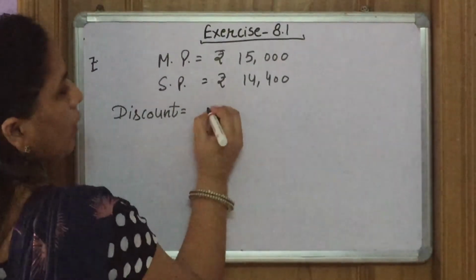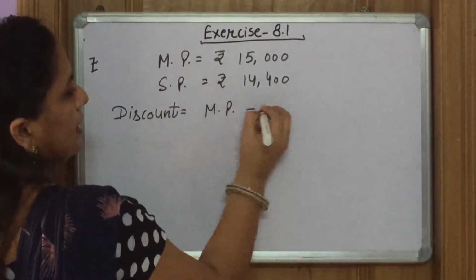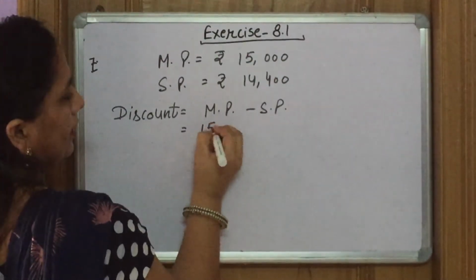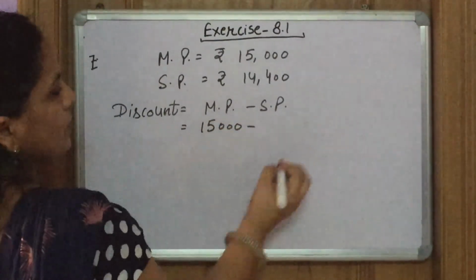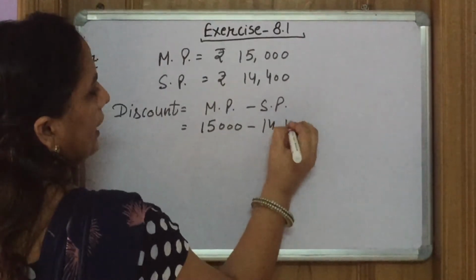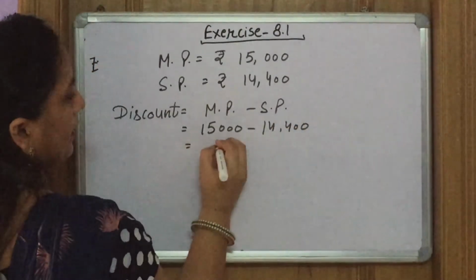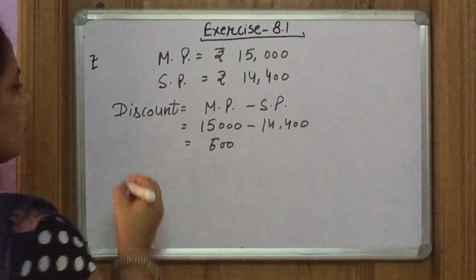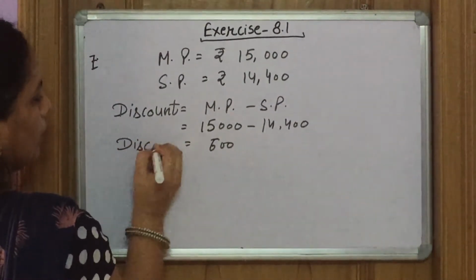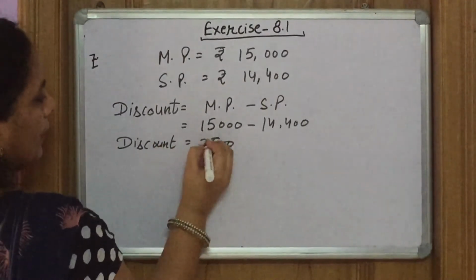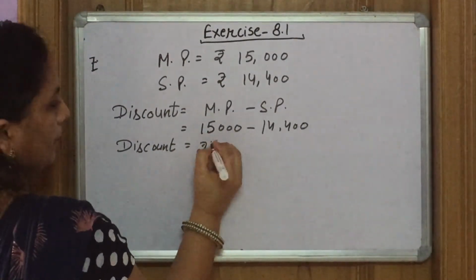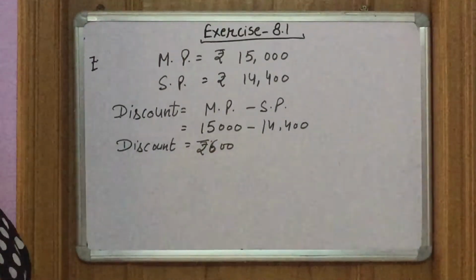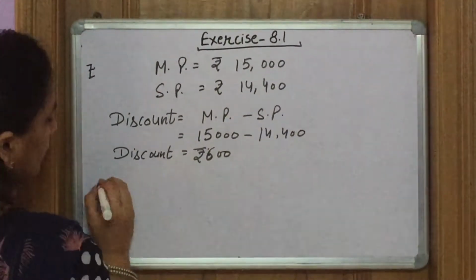Formula of discount is marked price minus selling price. Just put the values. 15,000 minus 14,400. Then we will get it equal to 600. So discount is equal to rupees 600. Next term, we have to find out discount percentage also.